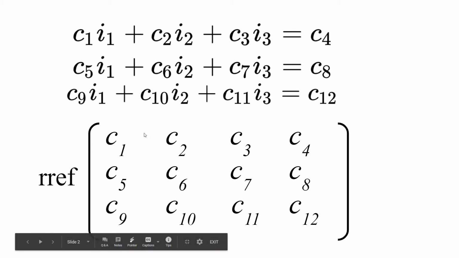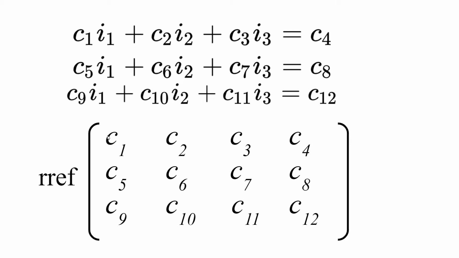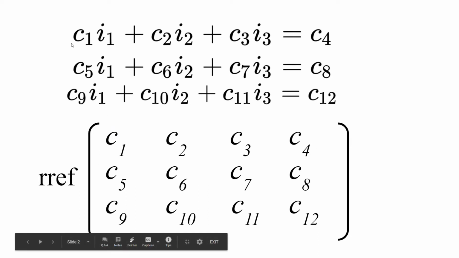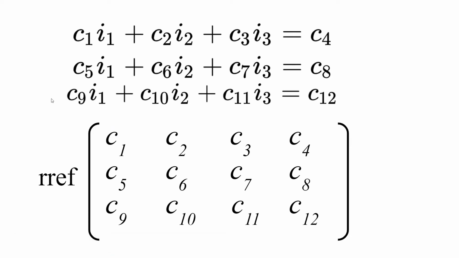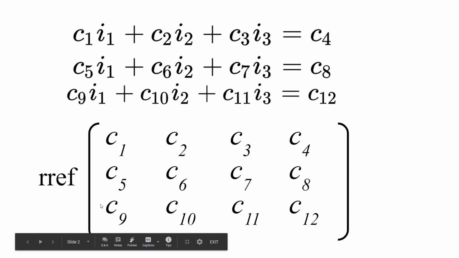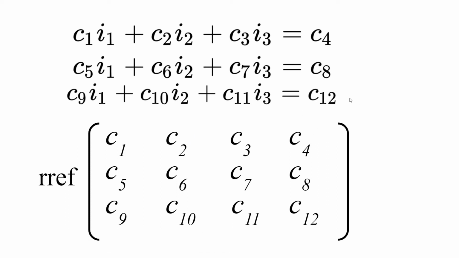And then we're just going to get our matrix that is 3 by 4 in the case where we have three unknowns and three equations. And in general, it'll have the same number of rows as it has unknowns, and then one more column than that.